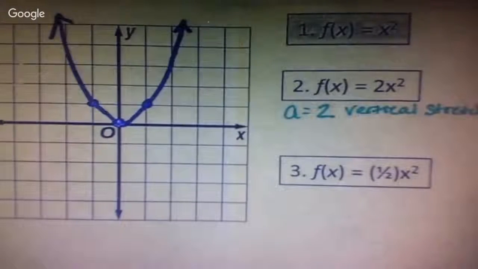No. The second one's in parentheses, but it's still not in parentheses with your x. So be careful with that. It is not in parentheses with my x, therefore it affects my y, which is why it's vertical.